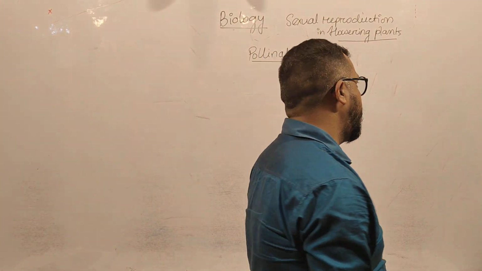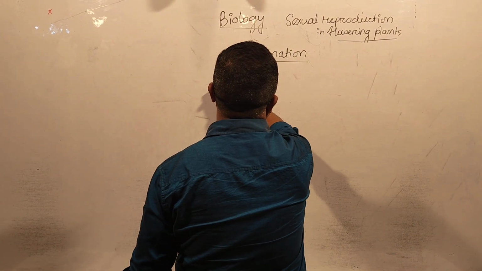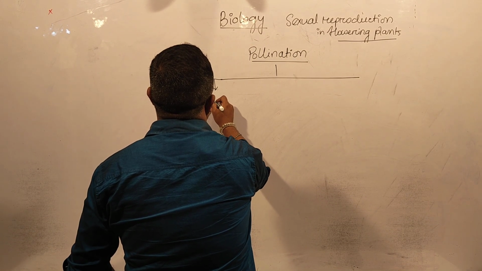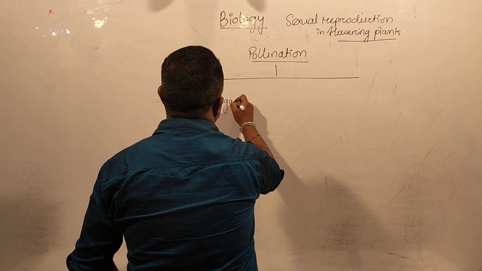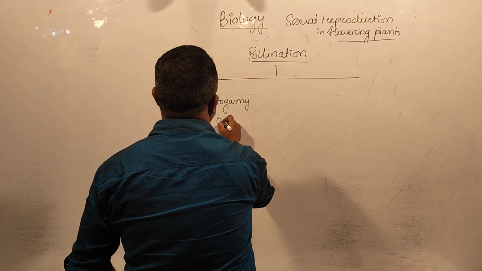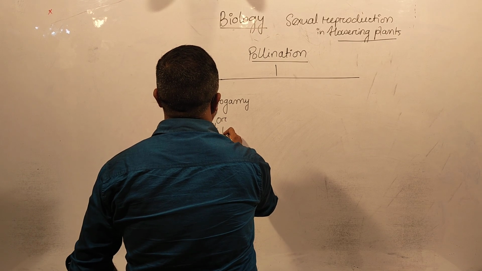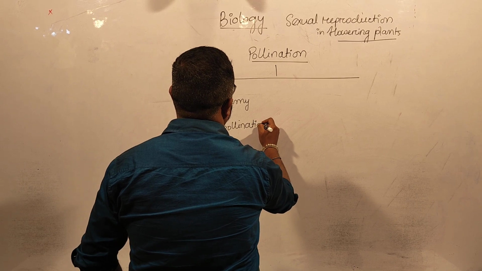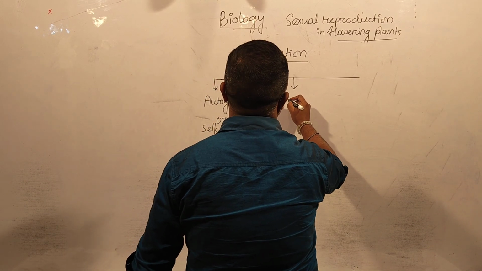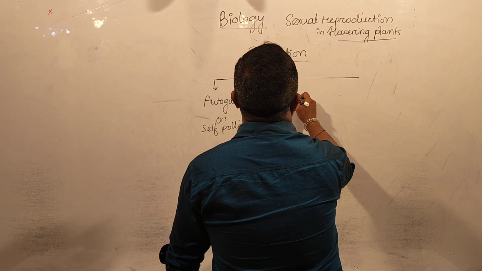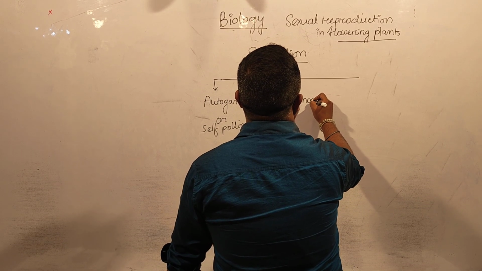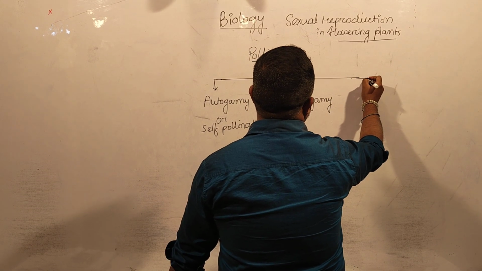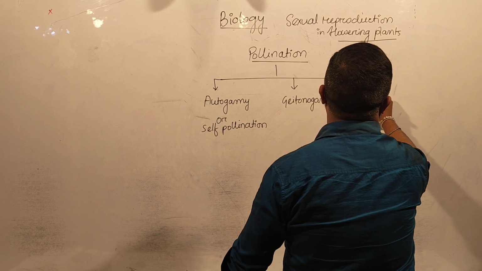Now, I am going to discuss the types of pollination. What are the different types of pollination? The first type is autogamy or self-pollination. The second one is geitonogamy. The third one is xenogamy.